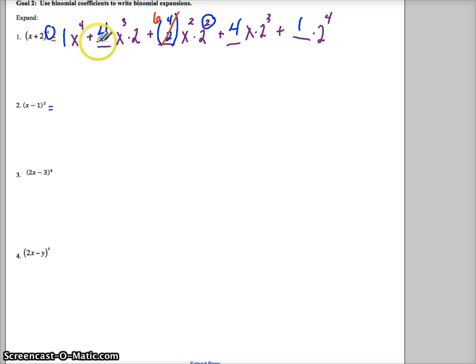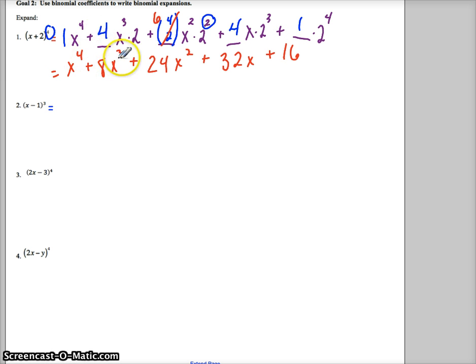Now from here, I would expect you to go back and multiply and simplify completely. So 1x to the 4th, plus, remember to follow order of operations, 4 times 2 is 8x to the 3rd, plus 2 squared is 4, 4 times 6 is 24x to the 2nd, plus 2 to the 3rd is 8, 8 times 4 is 32x, and then finally 2 to the 4th power is 16.